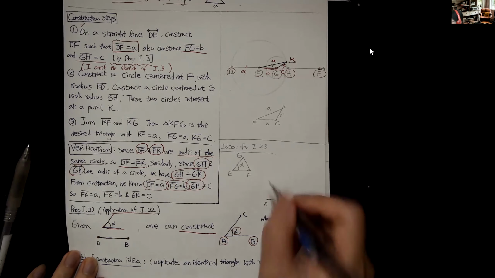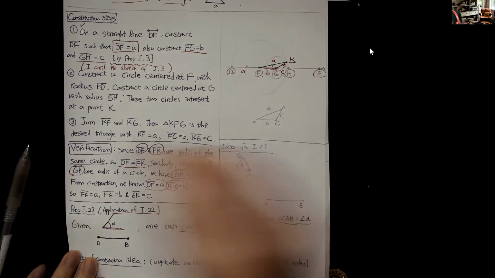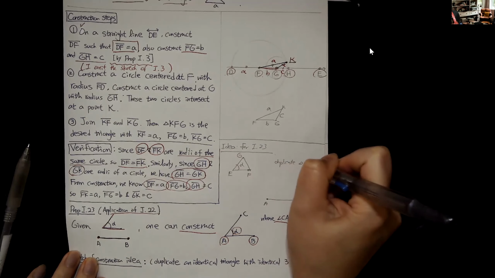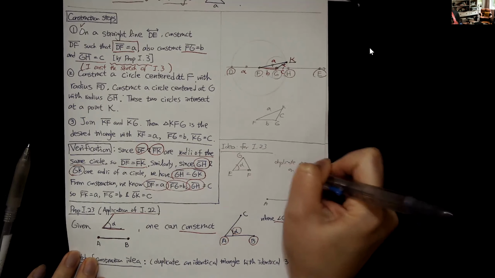Then the idea is you are going to duplicate triangle EFG on AB.